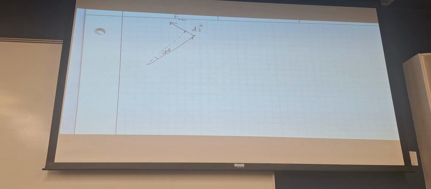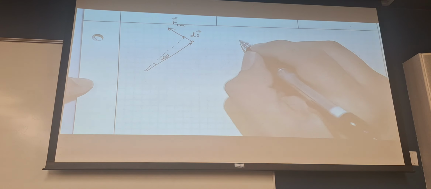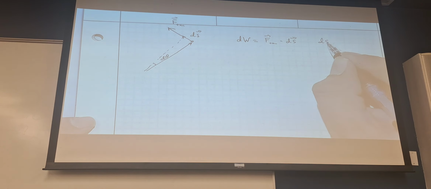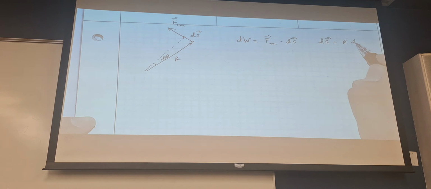So literally F_tangential is in the direction of your displacement. So this becomes really easy. The work is just F dotted with ds, right? And if you recall, ds is equal to r d theta.